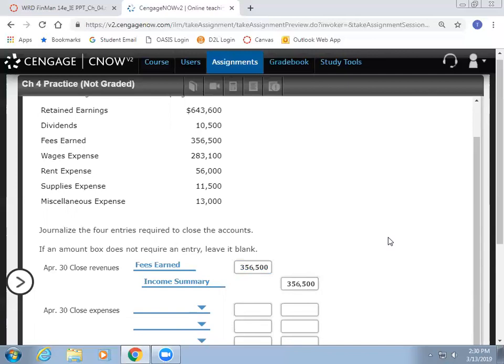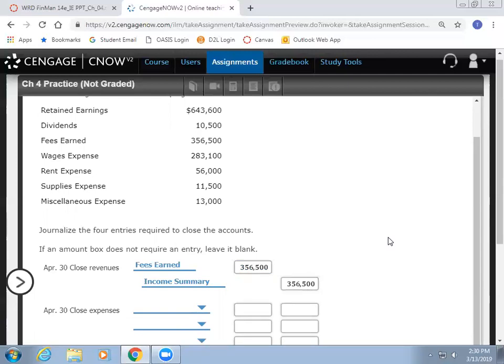Your second one is to close every expense account. It's a little lengthy, but it's still easy. On the second entry, we're going to credit every expense account to zero it out. To add those up as we go. Well, the good news is in the real world, or on the project, you would have already completed your financial statements, so you would have those totals and could just transfer them over.